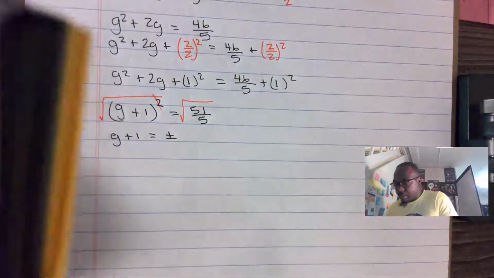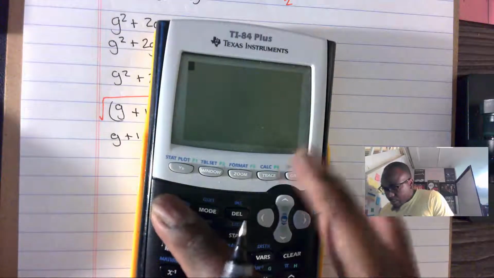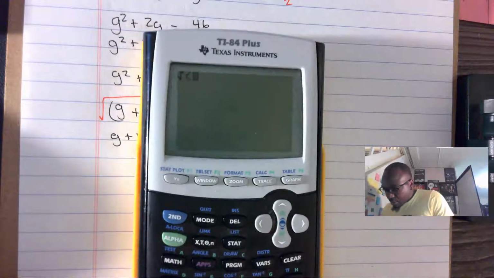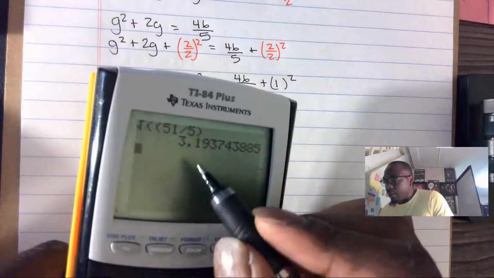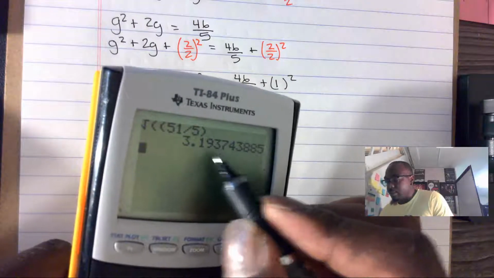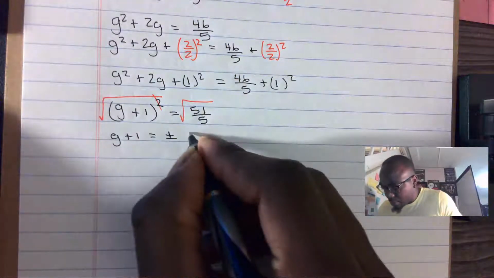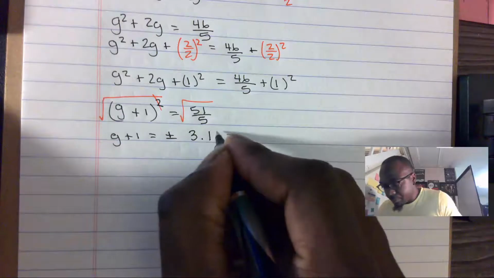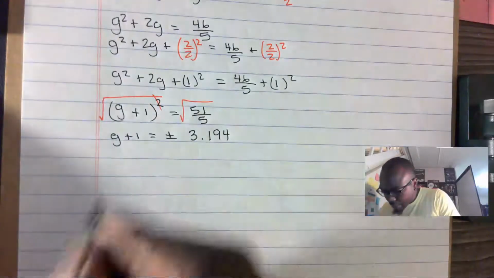So I'm going to plug this into my calculator: second function, square root of 51 divided by 5, and I close it. And I get 3.194, rounded to 3 decimal places. So this is plus or minus 3.194.